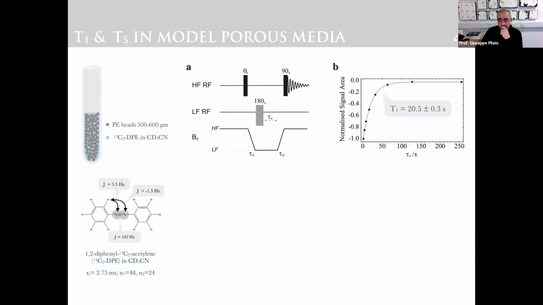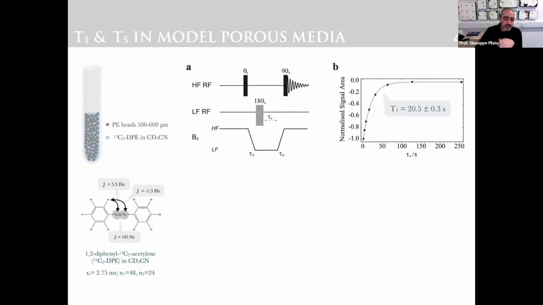So here are some experiments, and I'm going to stop literally in two slides. First of all, the dual core machine is actually general. You can perform any sort of two-field experiment. So for example, you can measure T1 in low field. You just have to adapt your sequences to work in these two fields.